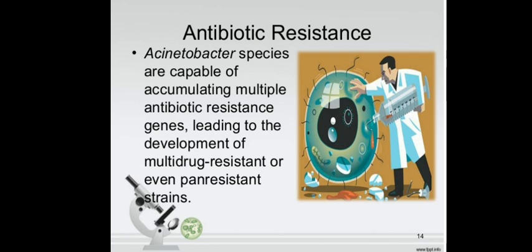Now, the antibiotic resistance of Acinetobacter. Generally, these Acinetobacter are multi-drug resistant organisms. These organisms have the ability to accumulate multiple antibiotic resistance genes, which leads to the development of multiple drug resistance in these strains.